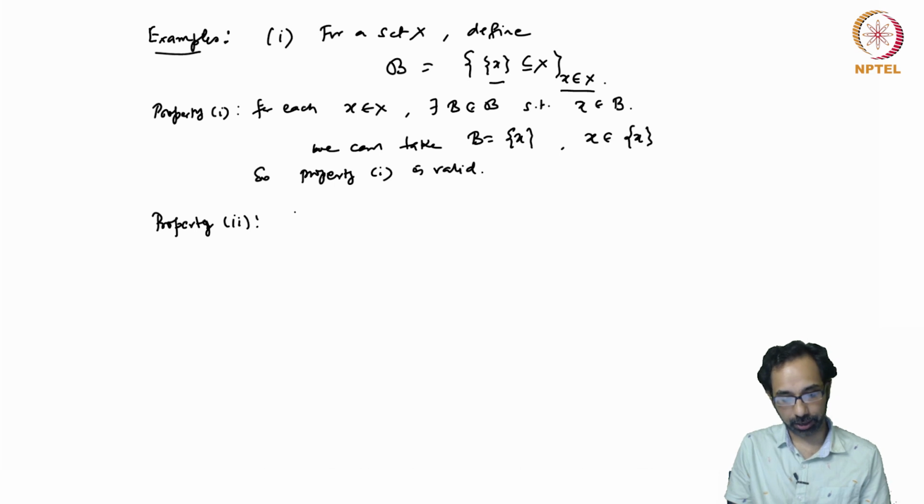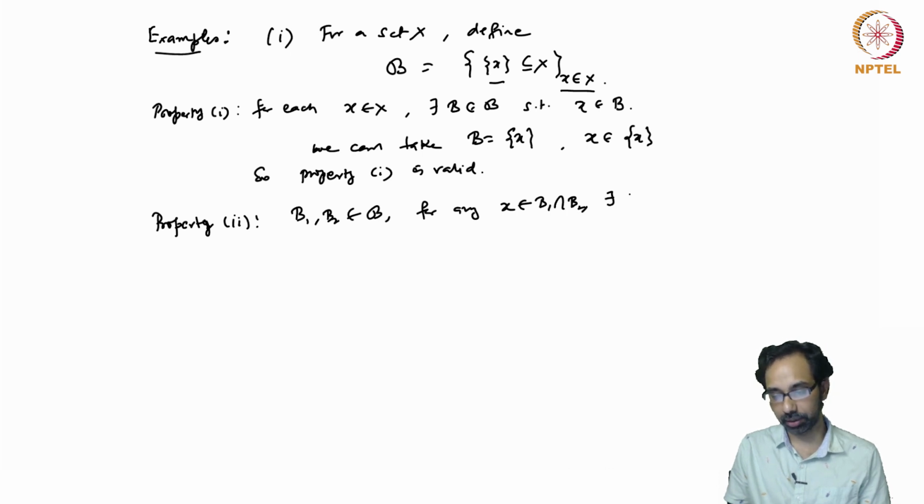So it says that given B1 and B2 basis elements, then for any point X in B1 intersection B2 there exists a basis element B3 such that it contains X and it is a subset of B1 intersection B2.